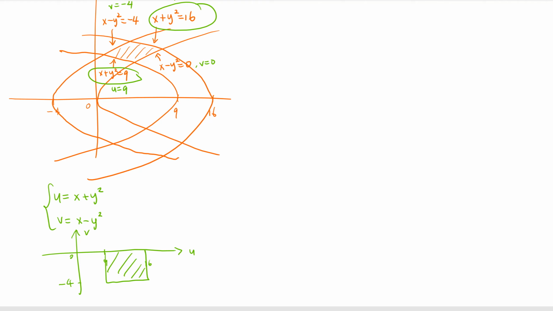Okay, let's see. Next steps, we want to express x and y in terms of u and v. So how do we do that? So how do we get the x? We can use equation 1 plus equation 2. Then we have 2x equals u plus v. So x equals 1/2 u plus 1/2 v.